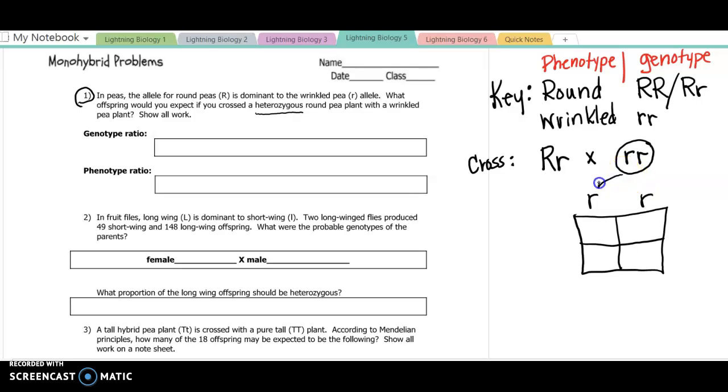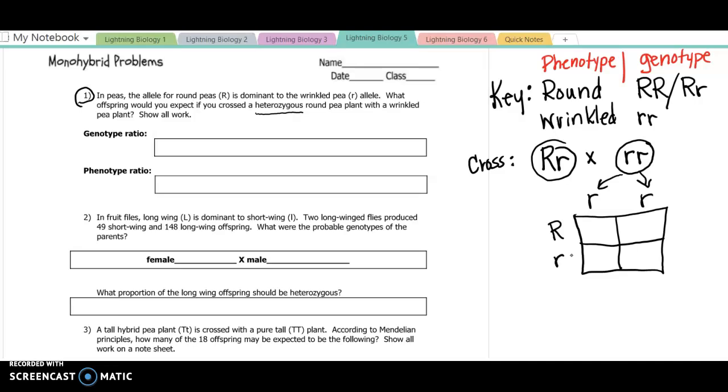So this parent is going to go right here and here. And the other parent is going to go on the other side of the Punnett square. And this parent can either provide a dominant R, or it's going to give a little r, kind of like a coin. You could flip it, you get the dominant. You flip it, you could get the recessive, heads or tails.